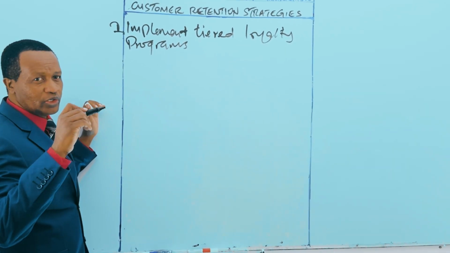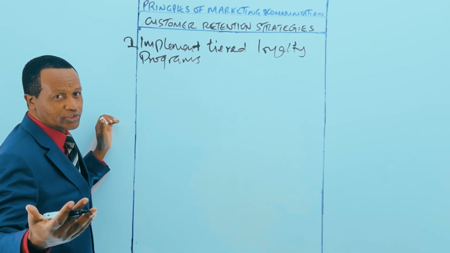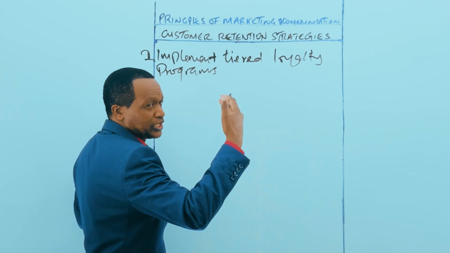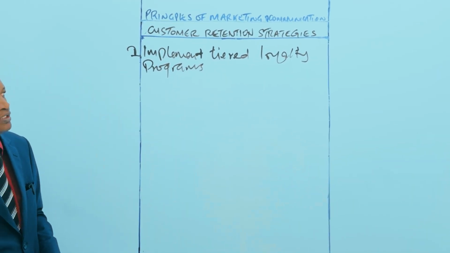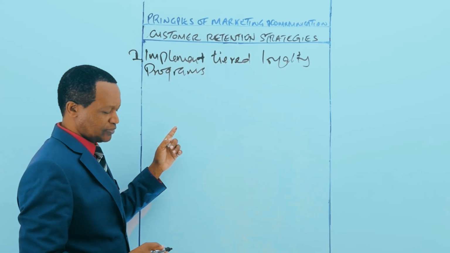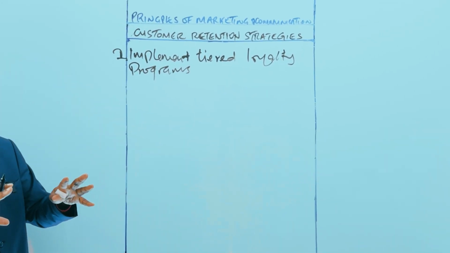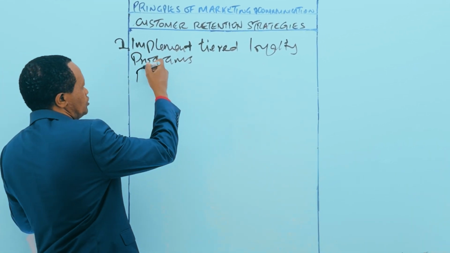Here you reward long-term commitment. A tiered system encourages customers to reach the next level to unlock better rewards or perks. And you can implement this program by creating levels like bronze, silver, gold, and so on.